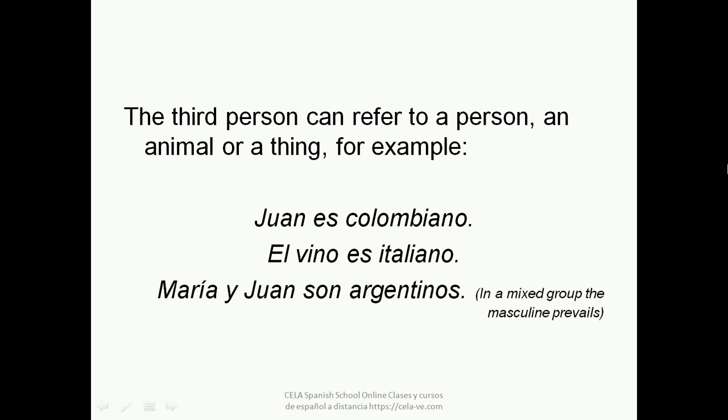Juan y María son argentinos. If the plural is composed of masculine and feminine, the masculine prevails. Las vacas son argentinas.